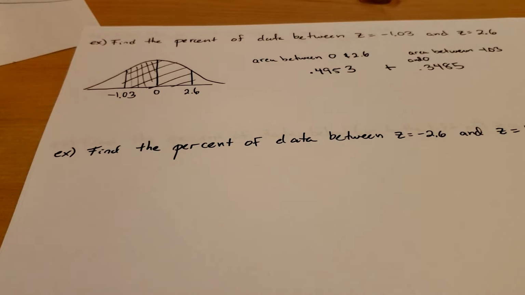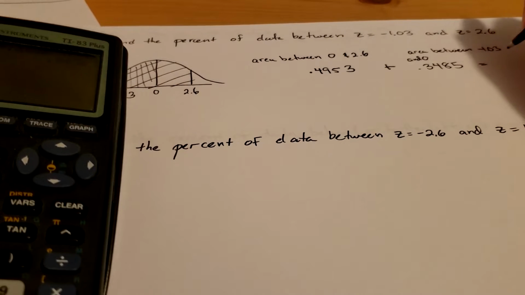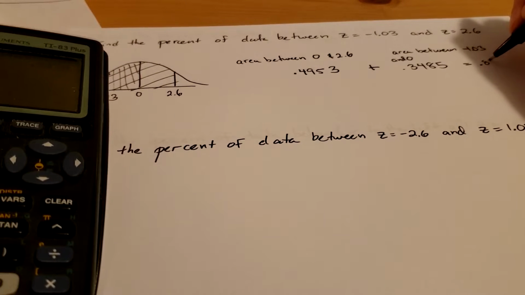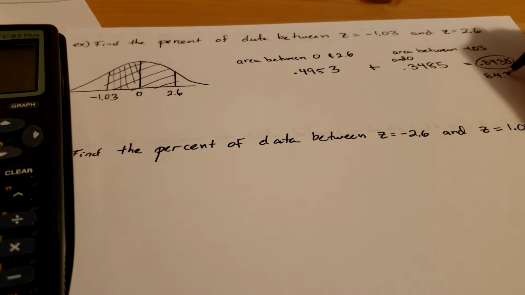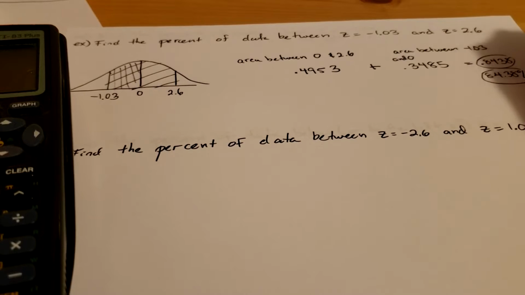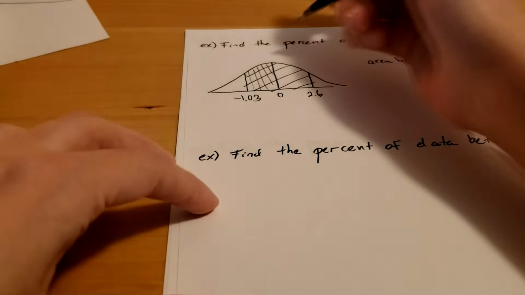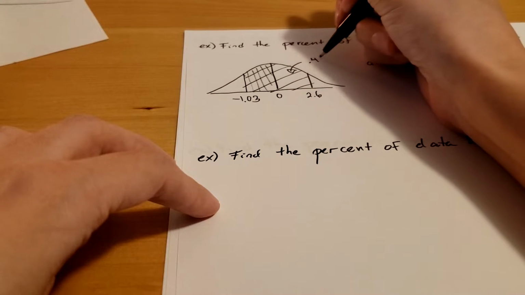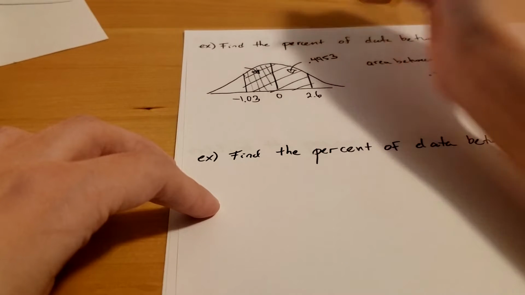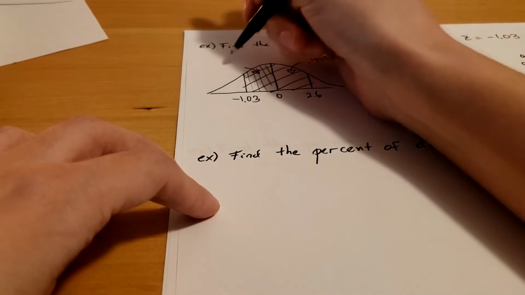Now we add these two together, and we end up with 0.8438, or 84.38%. Again, this piece in here is 0.4953, and this piece over here is 0.3485.